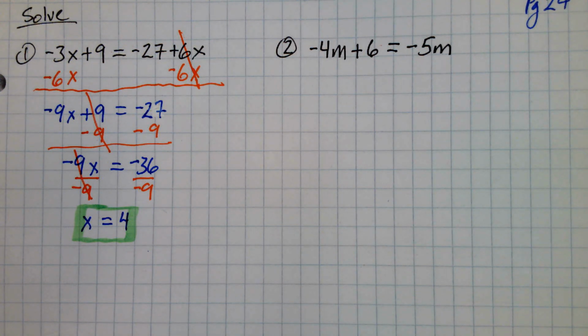Okay. Again, do you notice we have variables on both sides of the equal sign? Now, if I get rid of negative 4m, do you see I still have a 6 there? But wait a minute. Take a look at this, guys. If I get rid of negative 5m, what's there? What's on this side if I get rid of this?